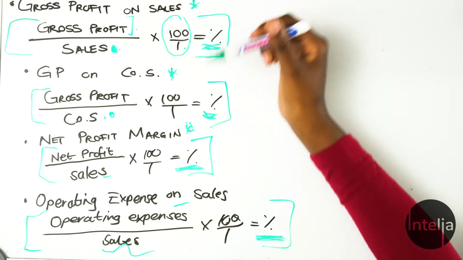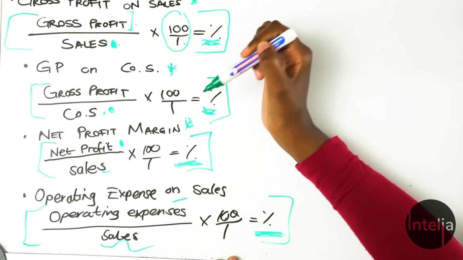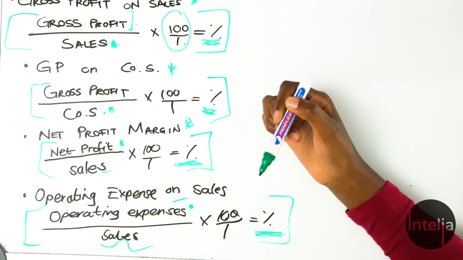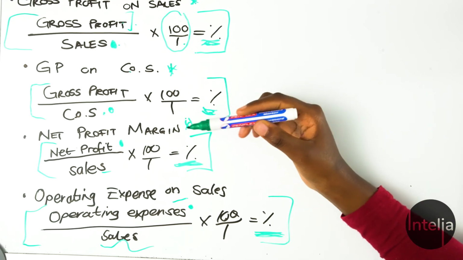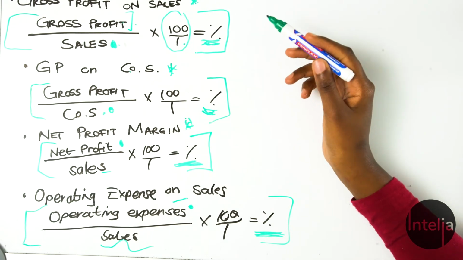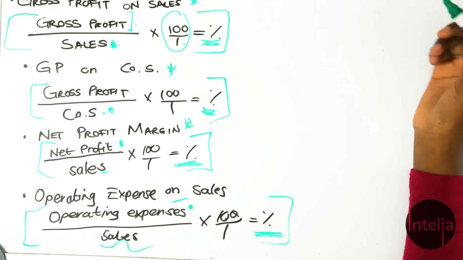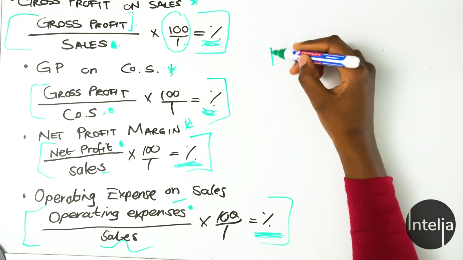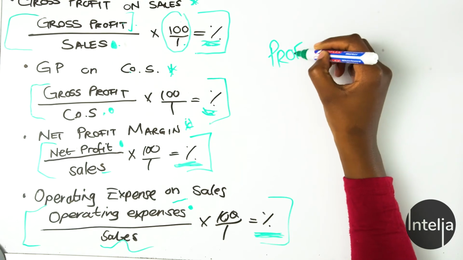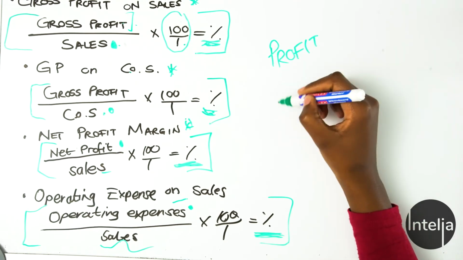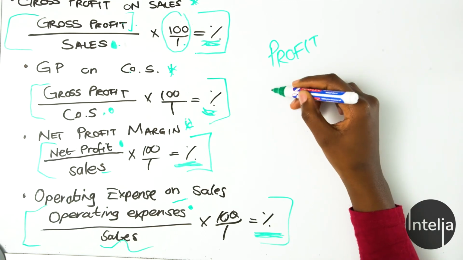You know that you find your net profit at the end of your income statement. Your operating expenses will be there in your income statement as well. And so if it focuses on profit, then it obviously means most of our information is going to come from our income statement.